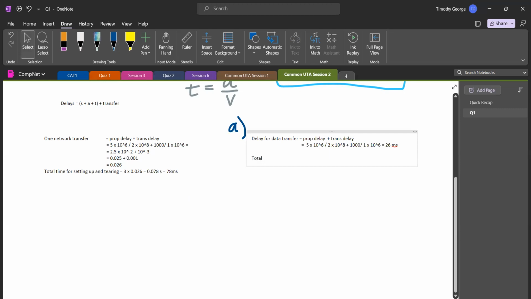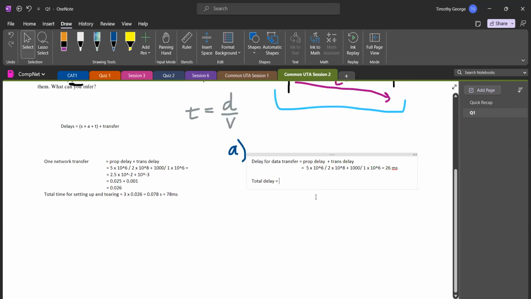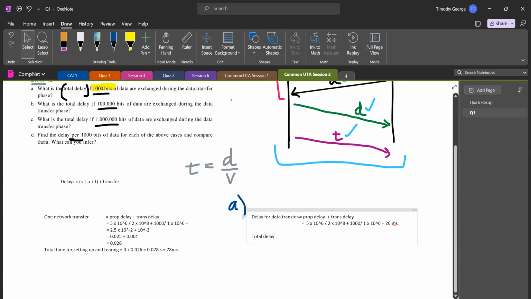Total delay. So what is this delay for data transfer that we calculated here? That is actually this D in the diagram. And what is this total time for setting up and clearing that we calculated? Let's write it here. S plus A plus T is what we calculate. That's 70 milliseconds.